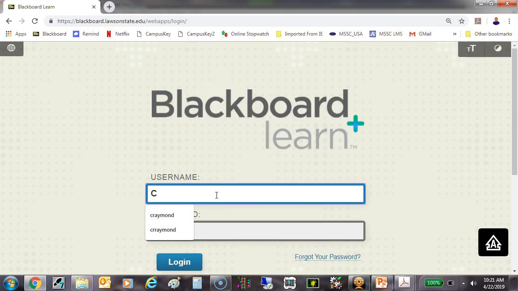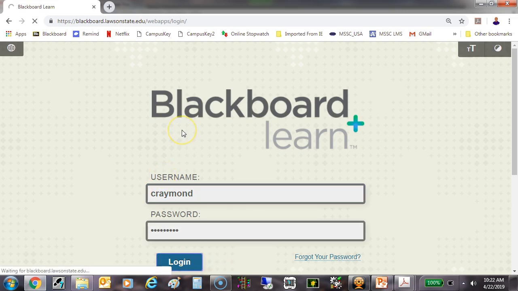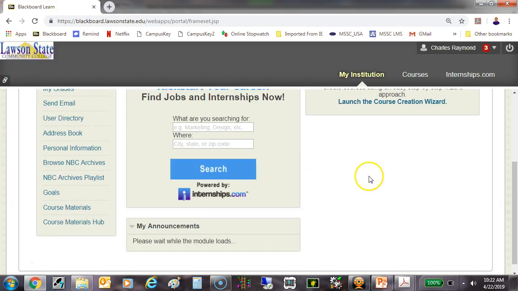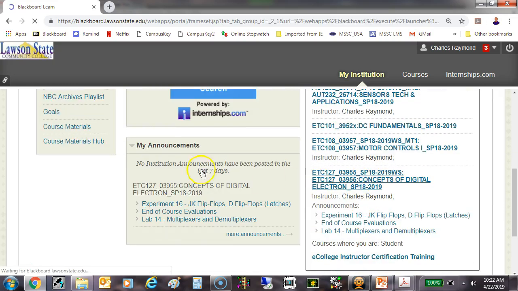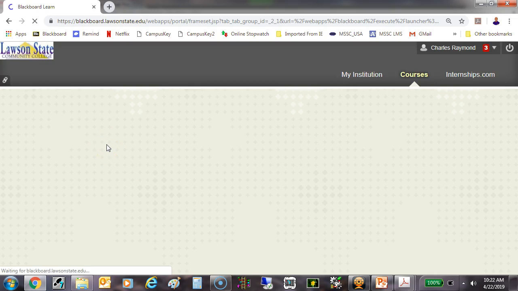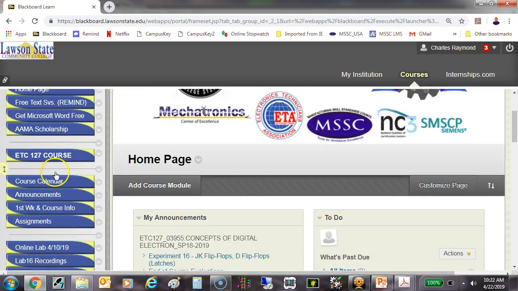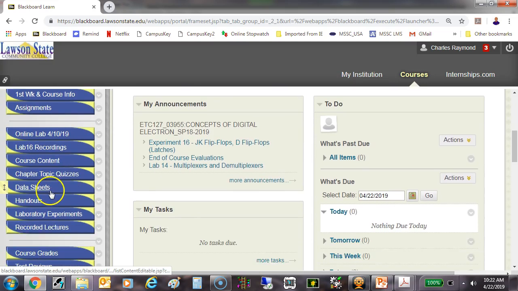So every IC that we use in this lab has a data sheet. We have one called data sheets, right?